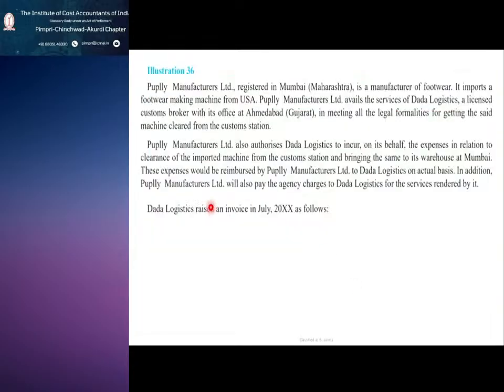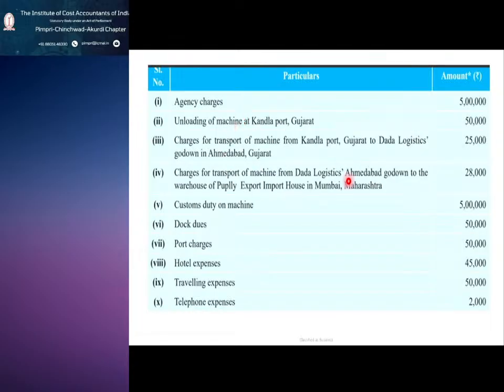So see here, he is an agent. This has agency services, unloading charges, transport, other transport, customs duty, dock dues, port charges, his hotel, traveling and telephone expenses. So this agent is giving the list: these are the expenses I have incurred.